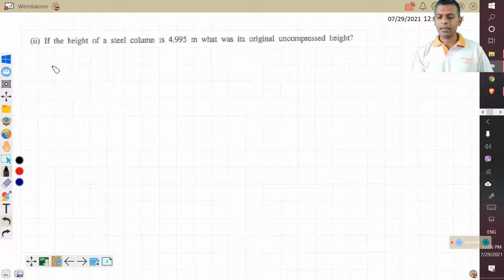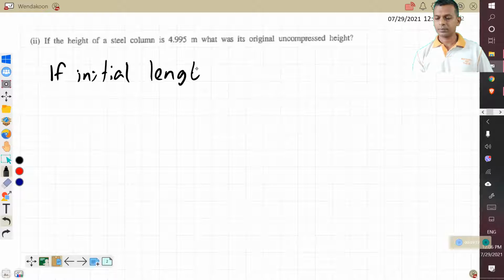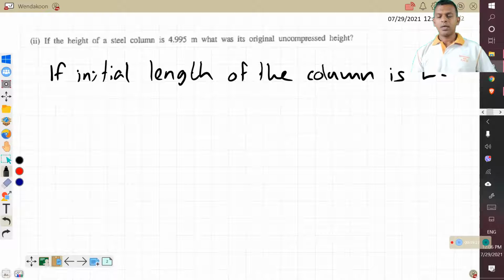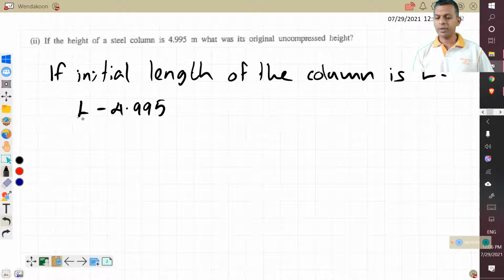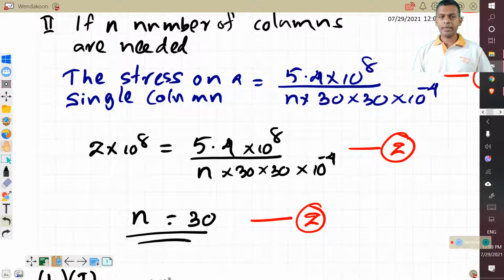If the initial length of the column is capital L, now it is L minus compressed length, that is 4.995 divided by L. This must be equal to the strain, and we can find the strain corresponding to the given stress, that is 2 into 10 to the power 8. That is the stress, the maximum stress for a column.